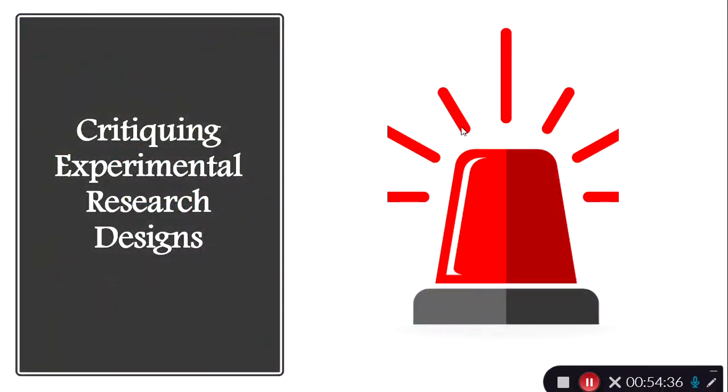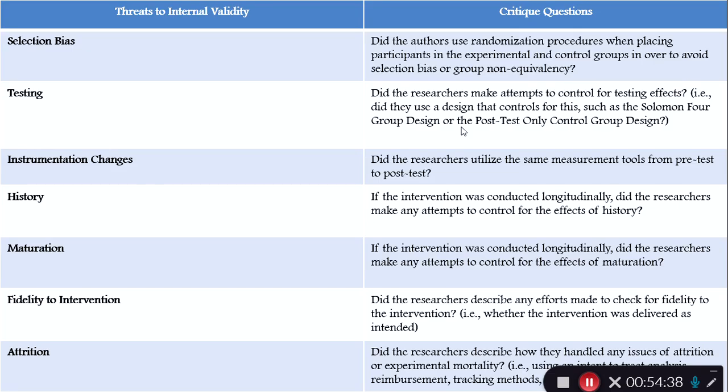So in terms of critiquing experimental research designs, I've put together a couple of tables for you that include each of the threats to internal validity as well as critique questions that you can think about or ask with regard to each threat. These are the threats that we went through just now, and then I've added some additional ones that are also included in your text.